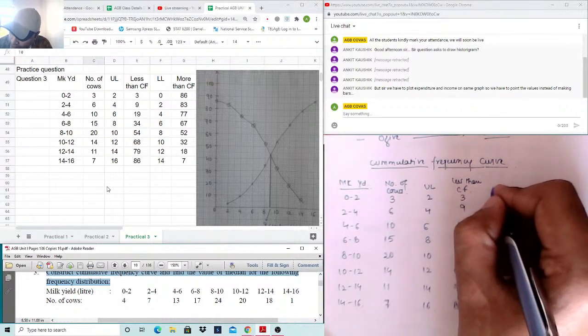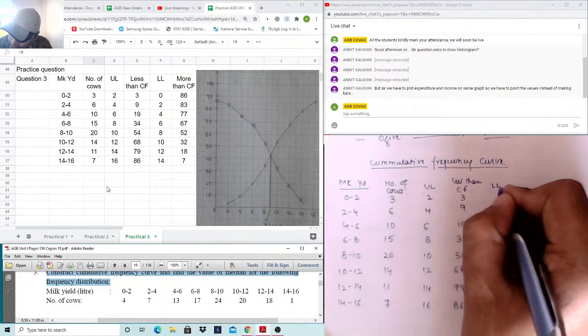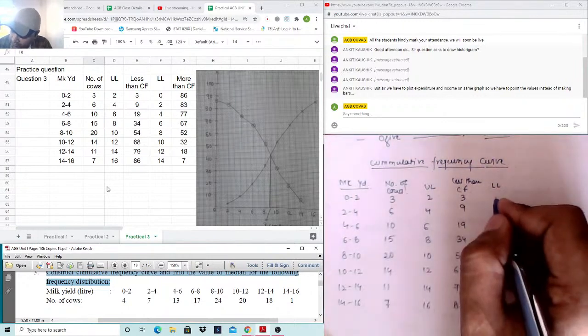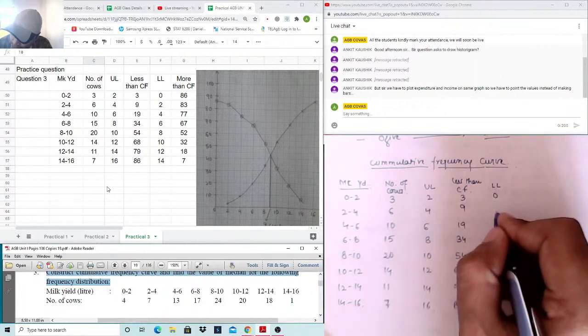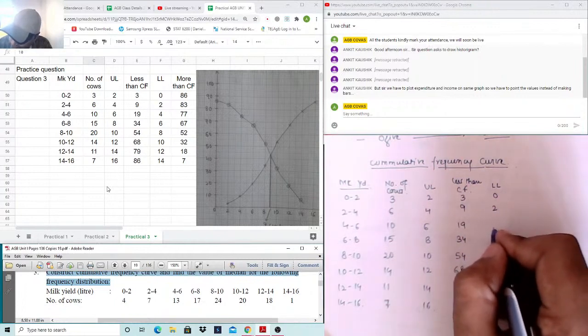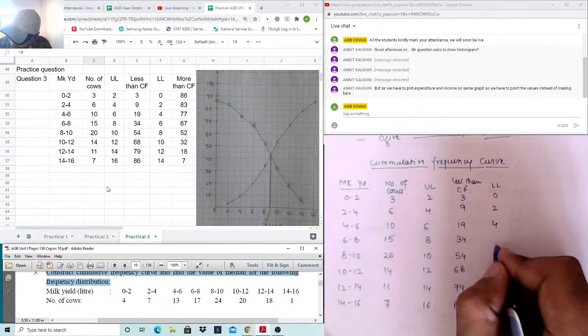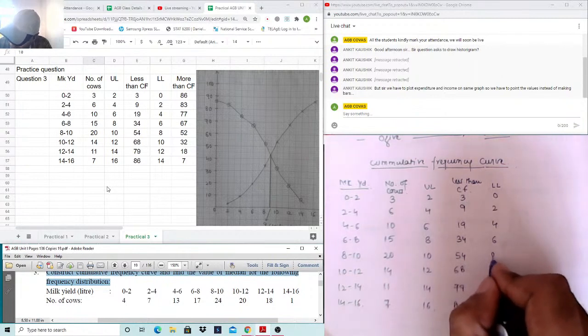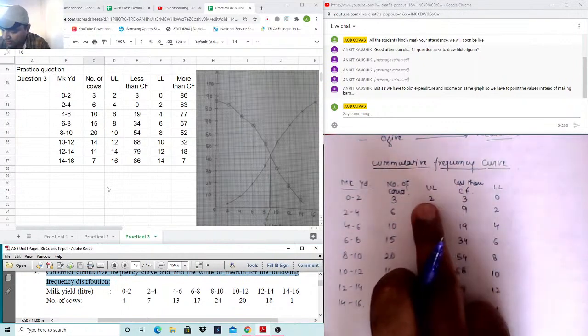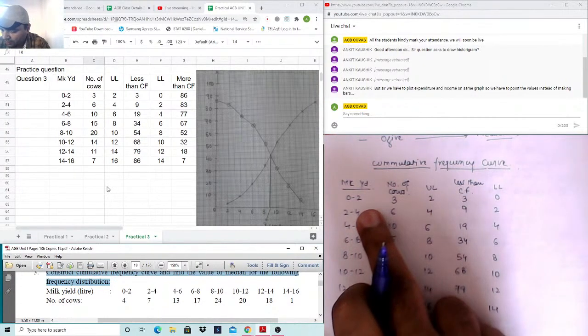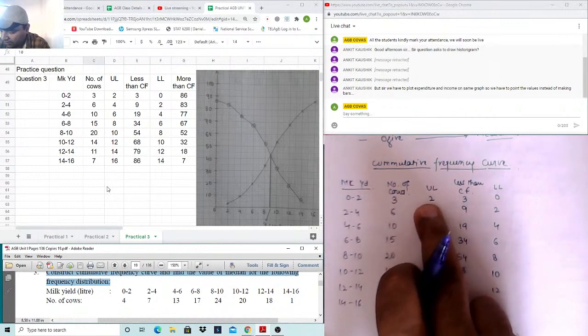For that we have to first find out the lower limit, and then in that lower limit: 0, 4, 8, 10, 12. What does this less than frequency say? How many buffaloes are giving less than 2 liter of milk?